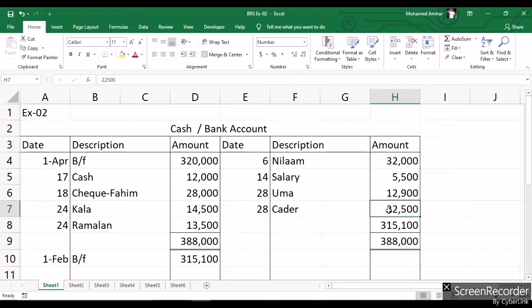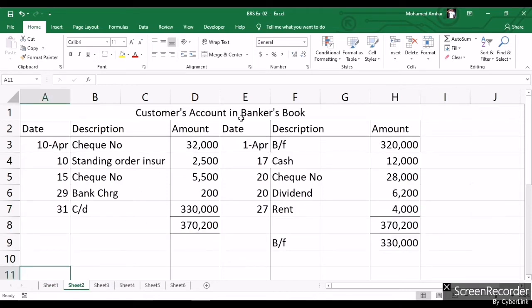22,500. But you can't see these two checks on the debit side of the customer's account maintained by the bank, because the question says the two checks were not presented until the April end.